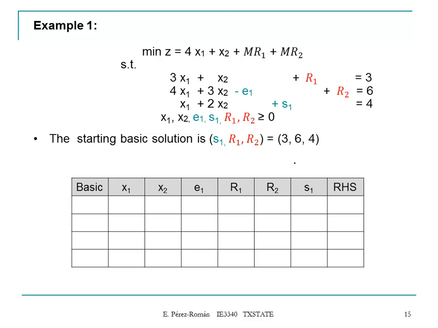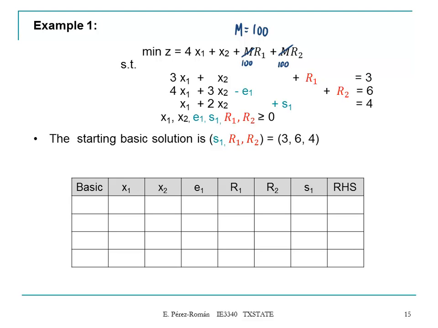Okay, so we said that m is going to be equal to 100, right? So this and this are 100. And using that information, we're going to complete the table.